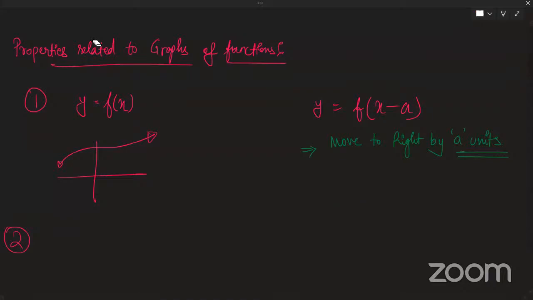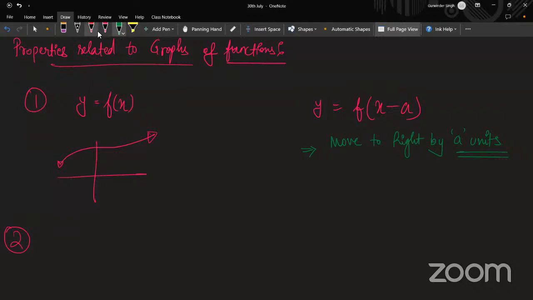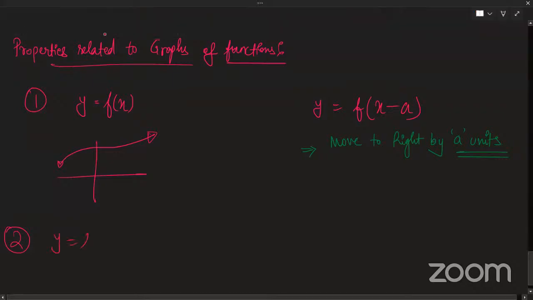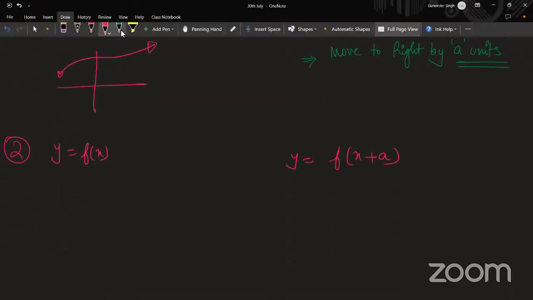Okay, let's go, you don't know, no problem. I will write it again. See, I have a function y is equal to f of x. Now I am writing y is equal to f of x plus a. So it is nothing, move to the left by a units.